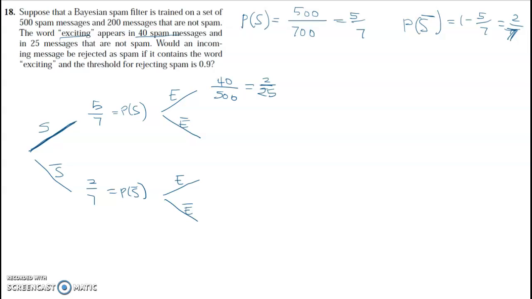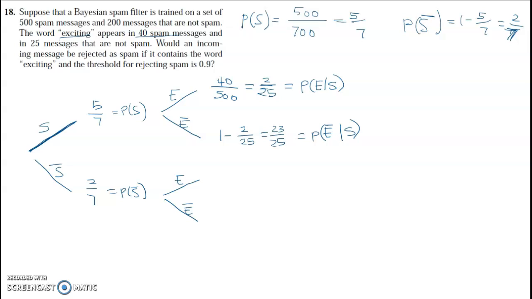So we have to use the total number of that, not the entire total number. All right, so this is the probability of E given S. If you find this, the rest is pretty easy to find, which is 1 minus 2 over 25. So this is 23 over 25. This would equate to P of not having the word exciting within the spam messages.